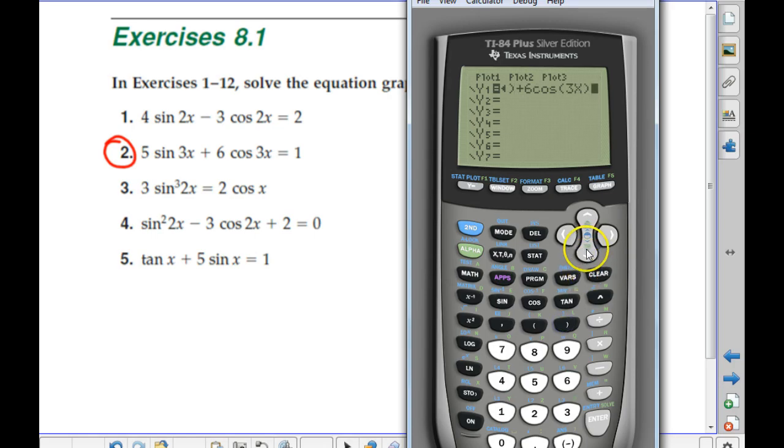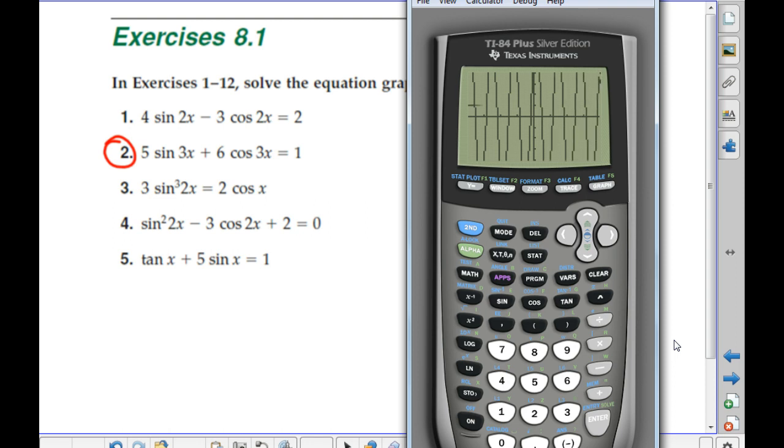All right, so I've typed all that in, and then it wants to know when it's going to hit 1. I am in radians, so I'm going to do a zoom trig and see if I can spot the intersection points. Otherwise, I may have to adjust my window. Unfortunately, there are a lot of intersection points in this window.